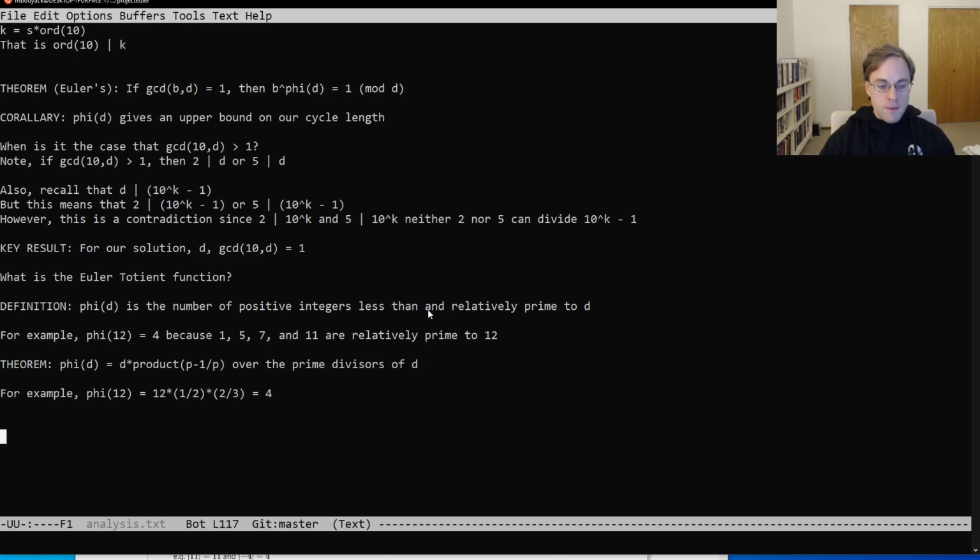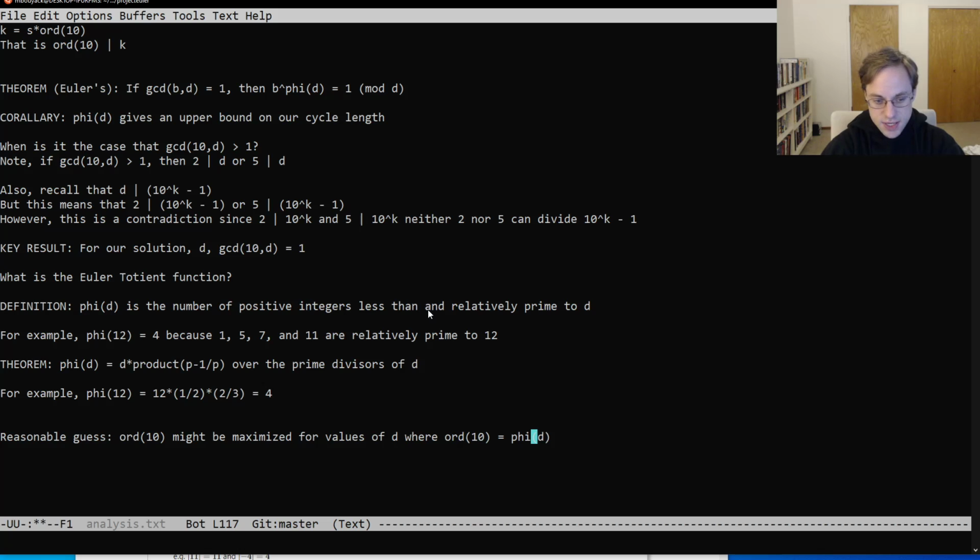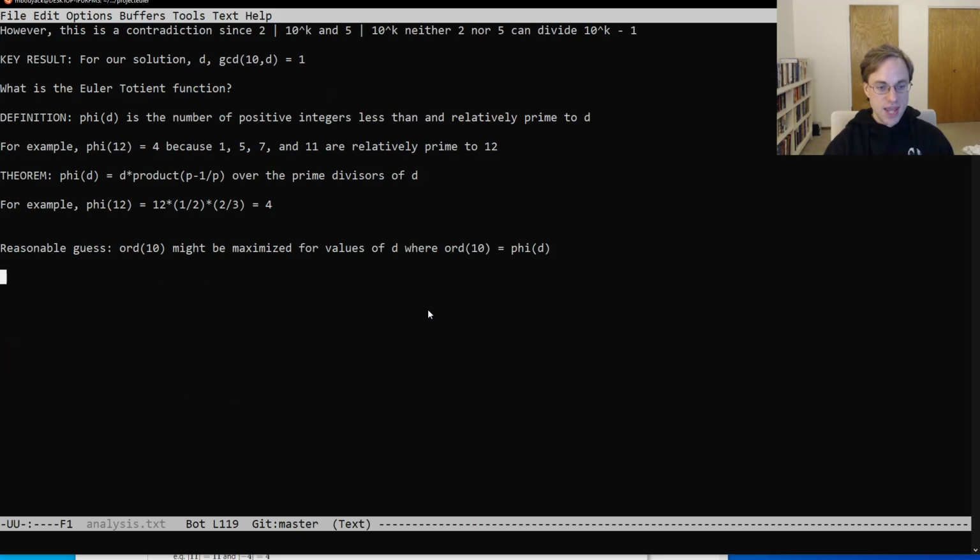Okay, so now we have this upper bound for our cycle length. We know how to calculate it. And you might make a reasonable guess: Ord_10 might be maximized for values of D where Ord_10 is equal to phi of D. And this actually has a name, so we'll say definition.